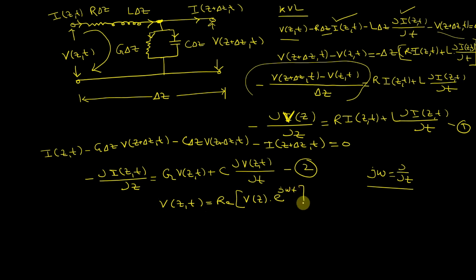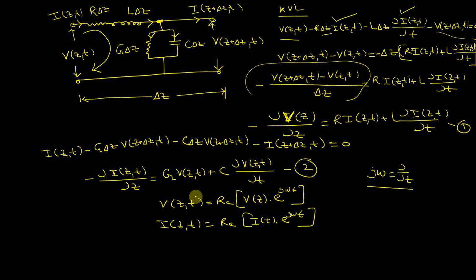And again, in place of curl by curl t, you can write j omega, and V(z,t) can be replaced by V(z). The partial differentiation can be replaced by an ordinary derivative, because we have only space variation.